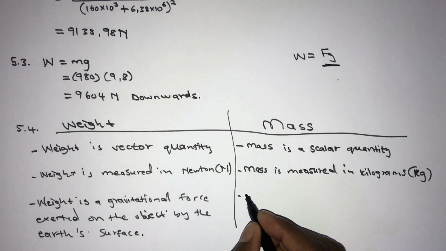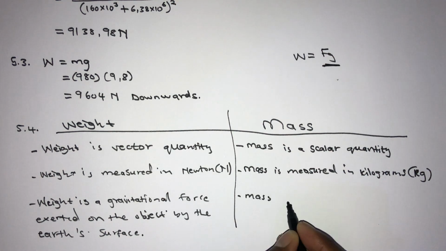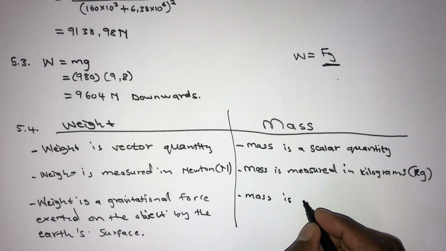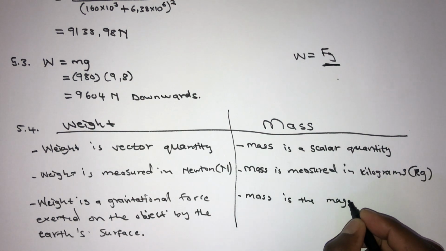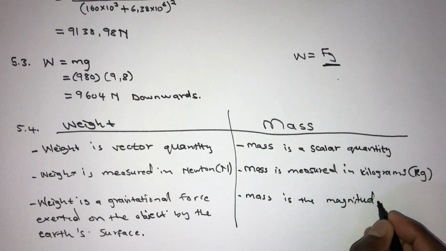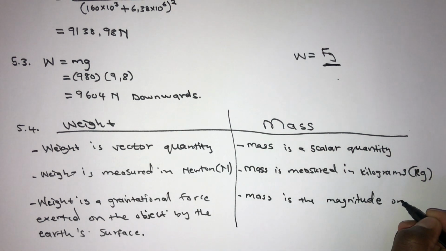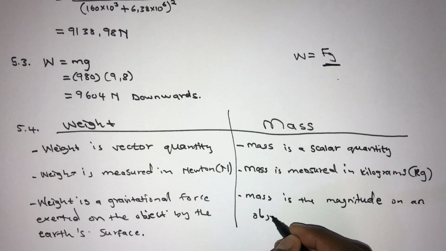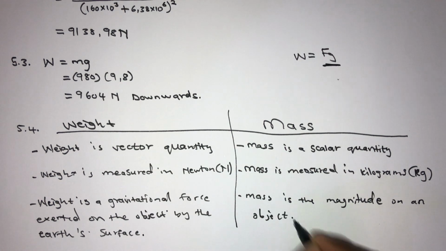That means mass is the magnitude on an object. So these are the differences between weight and mass.